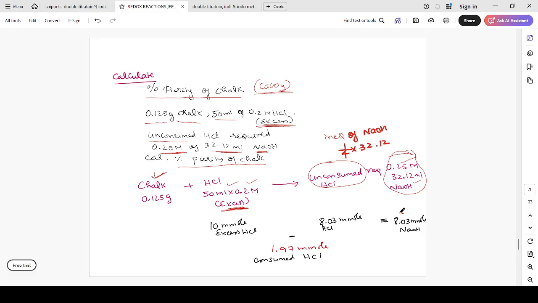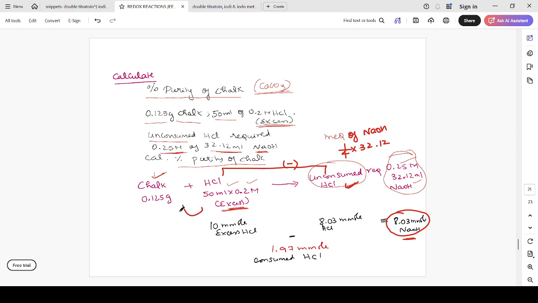Which is nothing but 8.03 millimoles of sodium hydroxide. Can I say that is nothing but the unconsumed HCl? Yes? Alright.